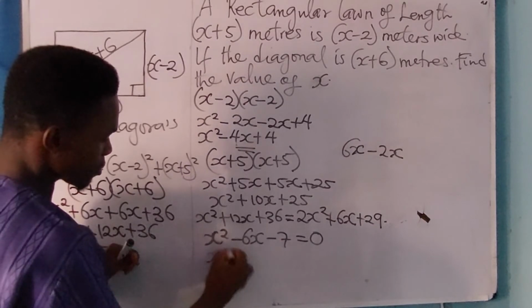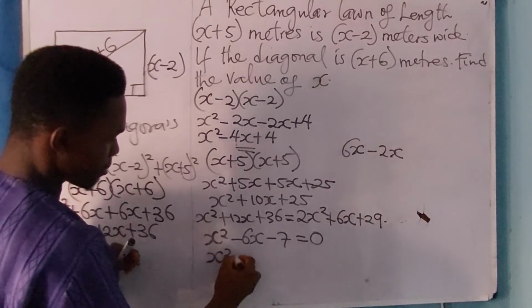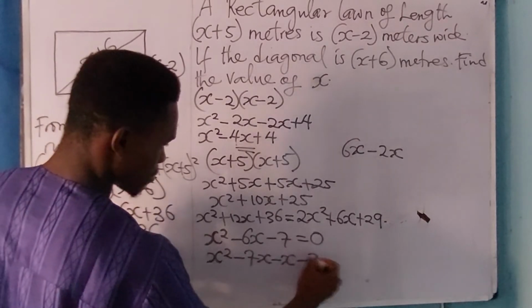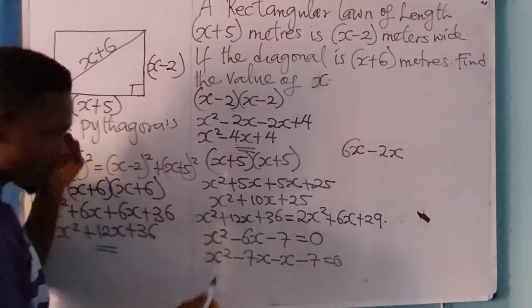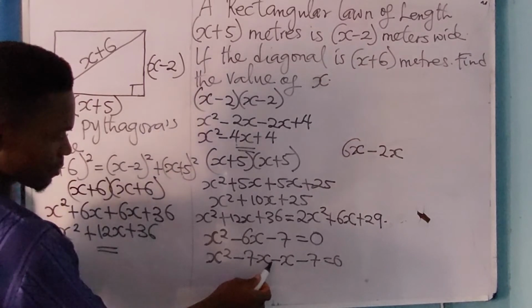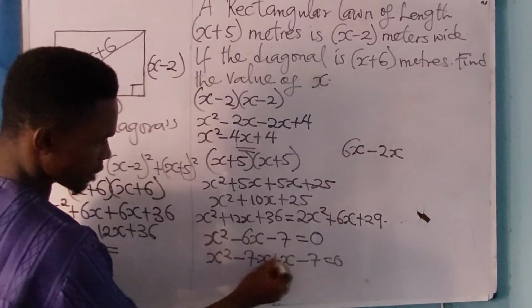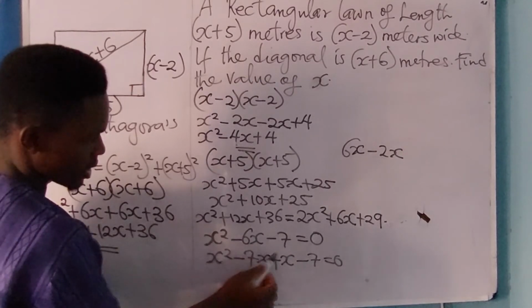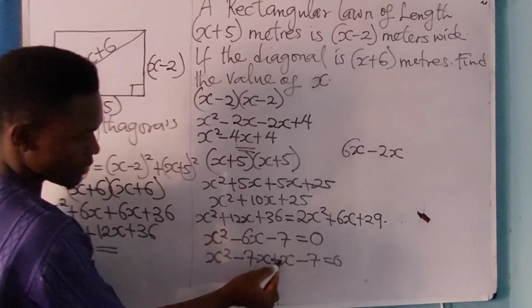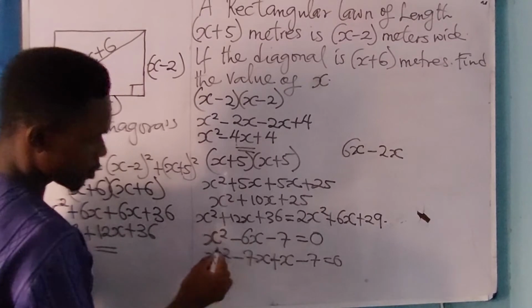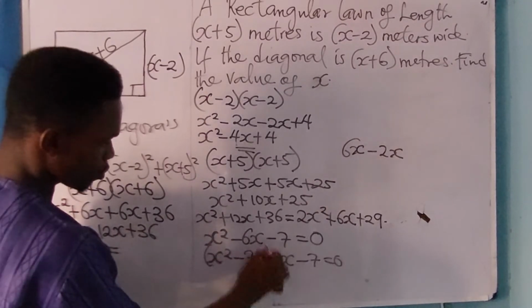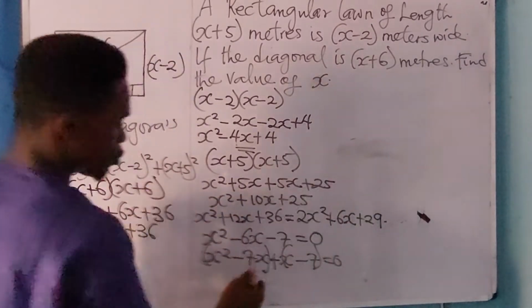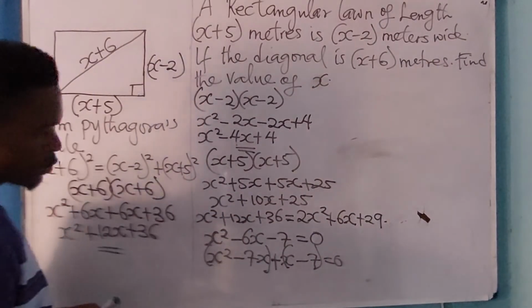That is going to be x squared minus 7x plus x minus 7 equals 0, because minus 7x plus x is minus 6x, and 7 times 1, with an invisible 1 here, is 7. If you are able to do this, it means that food is ready to be eaten.